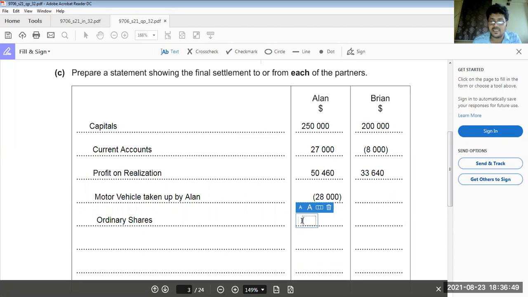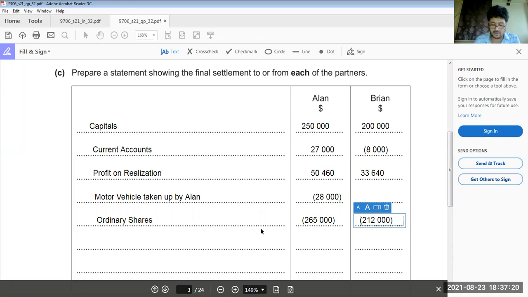Value of shares taken by Alan, and the remaining 4,77,000 multiplied by 4 divided by 9, 212,000. Done. So what happens in the current account?